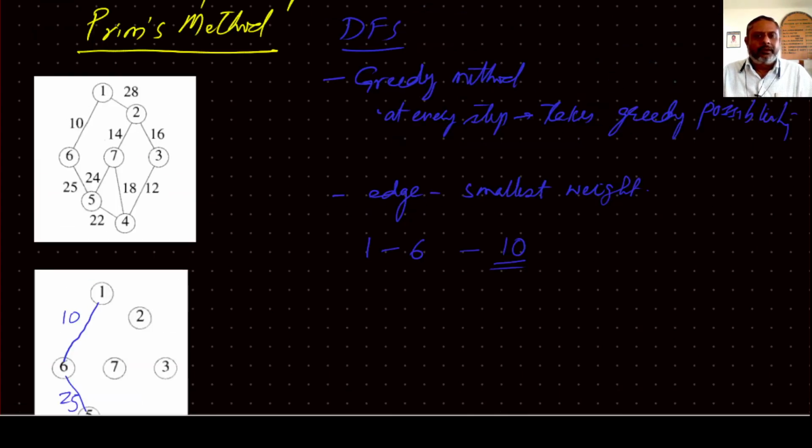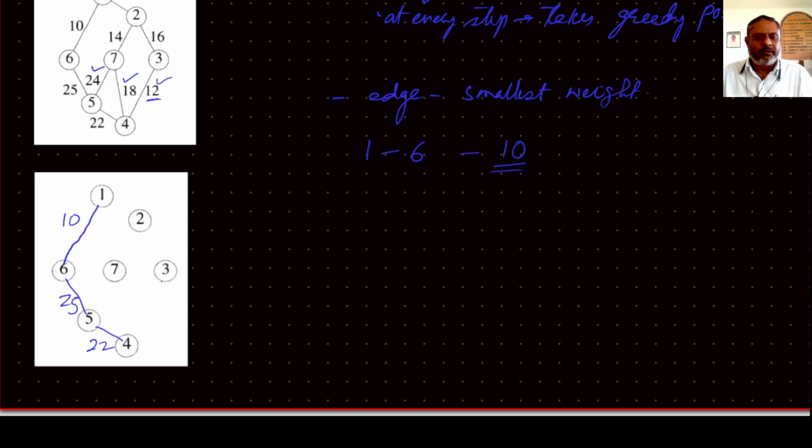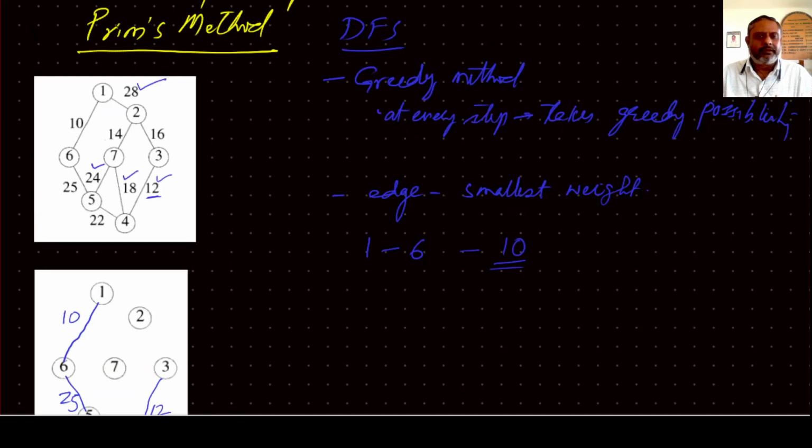From 1, if you want to extend, it can go to 2. From 6, both options are already used. From 5, we can extend with 24, and from 4 we have 18 and 12. The smallest of all of them happens to be 12, so 12 wins the race. So the connection from 4 to 3 is done.